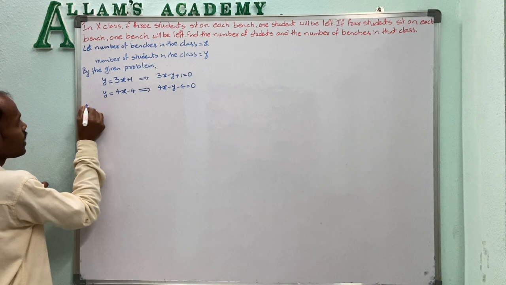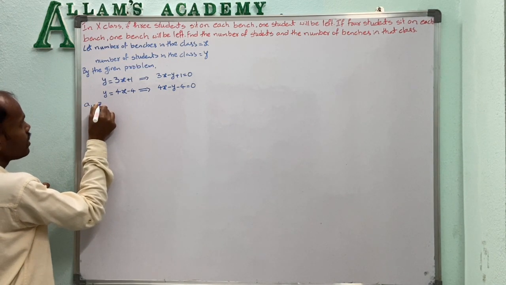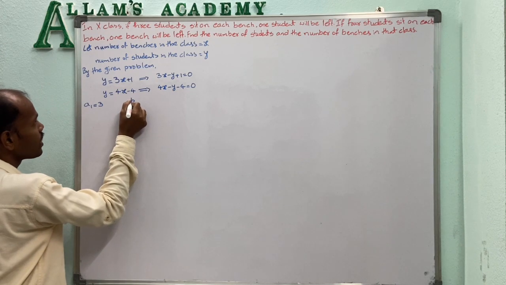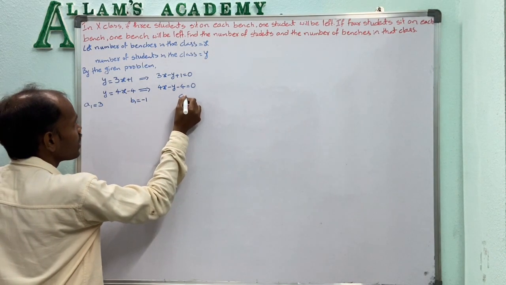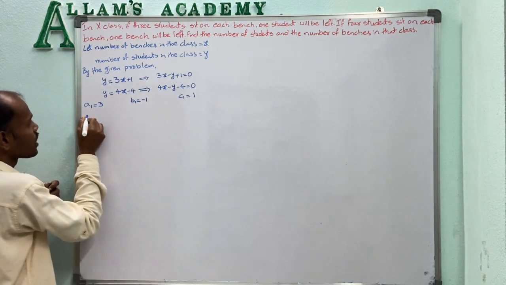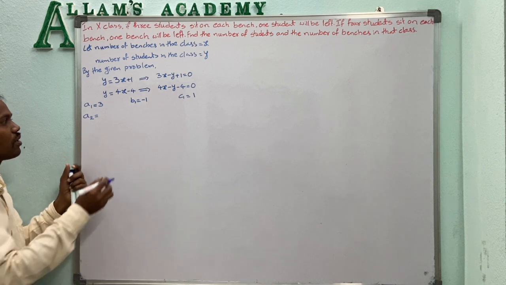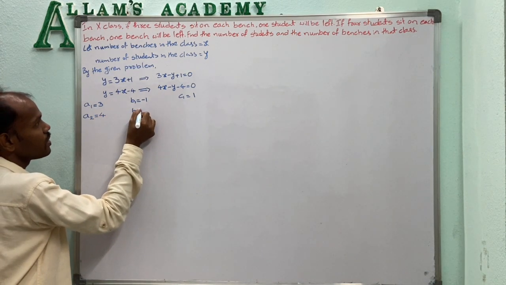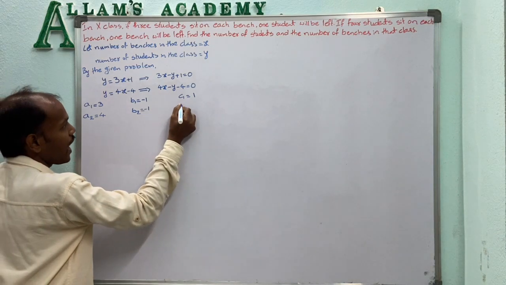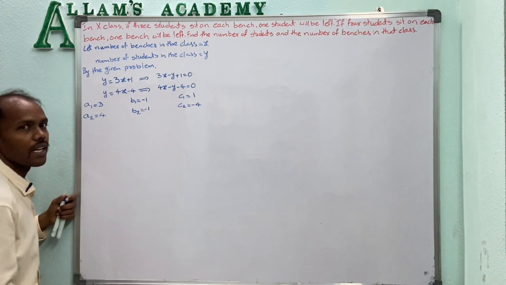Here for the first one, a1 equal to 3, b1 equal to minus 1 and c1 equal to 1. For the second equation, x coefficient a2 equal to 4, y coefficient b2 equal to minus 1 and the constant term c2 equal to minus 4.